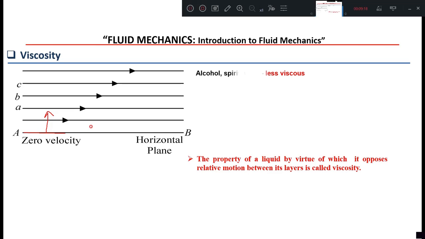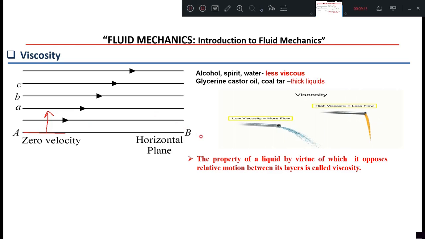Generally, thin liquids like alcohol, spirit and water are less viscous, and thick liquids like glycerine, castor oil and coal tar are more viscous in nature.